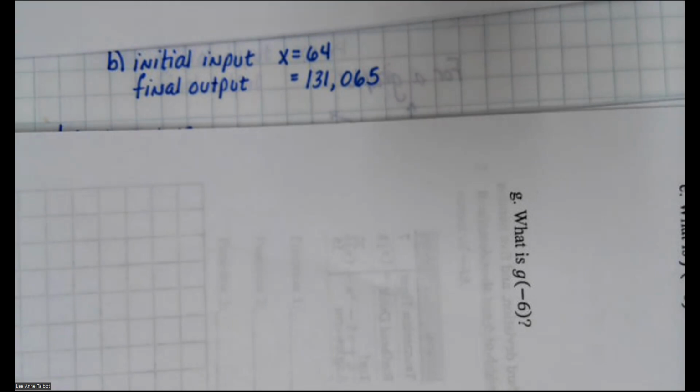So, what function machine of the 4 makes the most sense to plug 64 into? I'm going to give you 10 seconds to take a look and decide in your groups. Which color of function machines makes the most sense to plug 64 into?